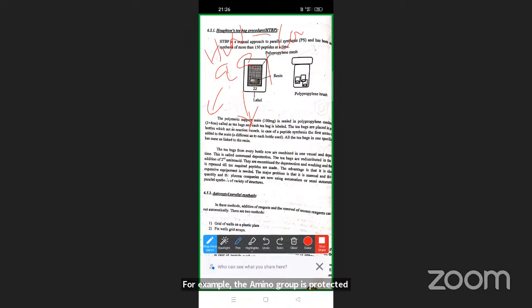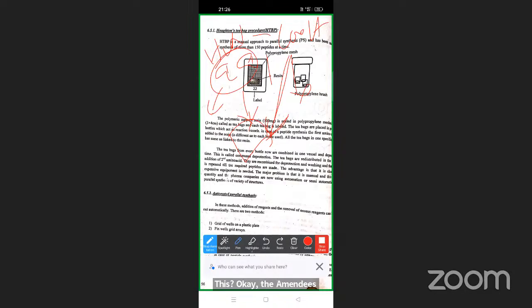Then the protected amino acid is added in the tea bags. This acid group is attached to your solid support, and the amino end is already protected, right?